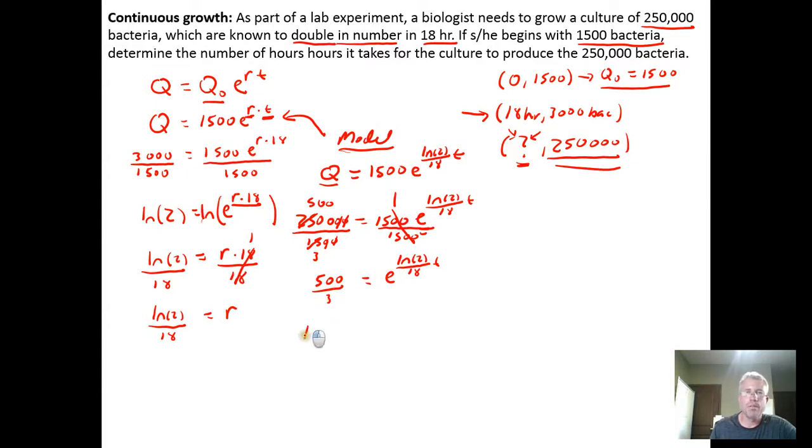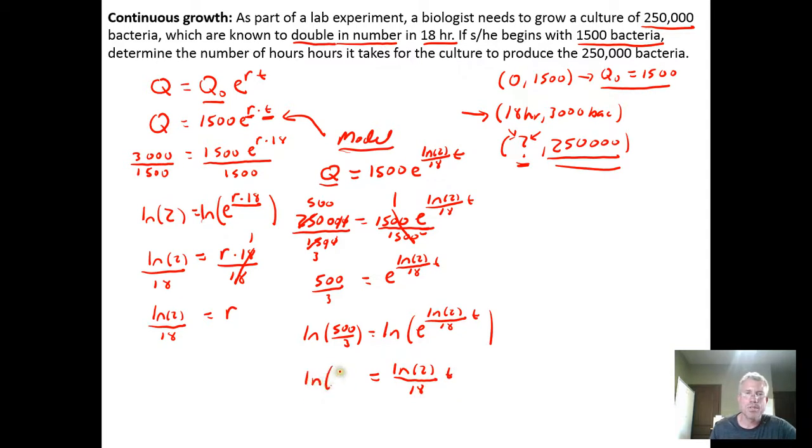And now we can take the natural log of both sides, because the natural log, or log base e, will cancel the base e exponentiation, leaving us with the stuff in the exponent position, which is just the natural log of 2 over 18 times time.